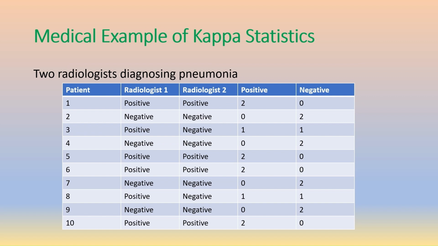Consider an example for Kappa statistics. Two radiologists diagnosing pneumonia. We have 10 patients. Radiologist 1, patient 1 diagnosis is positive pneumonia and radiologist 2 says positive. We make a new column with positive and negative options.